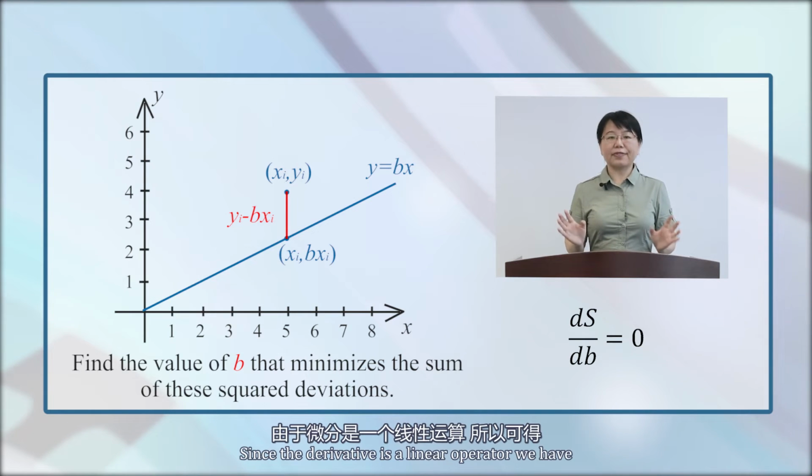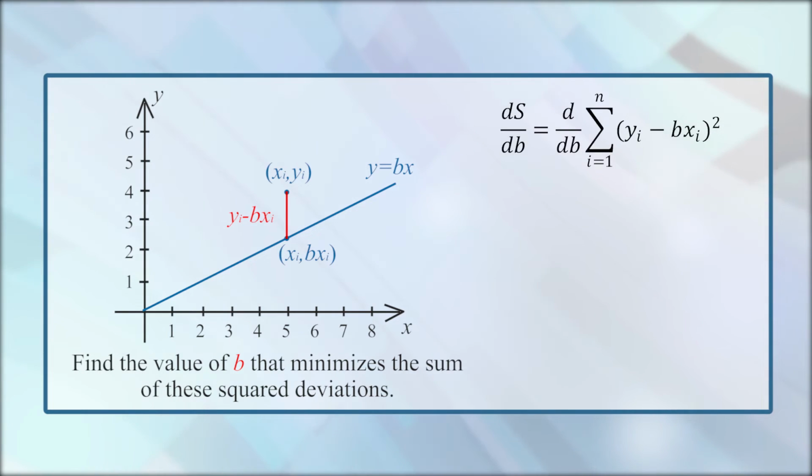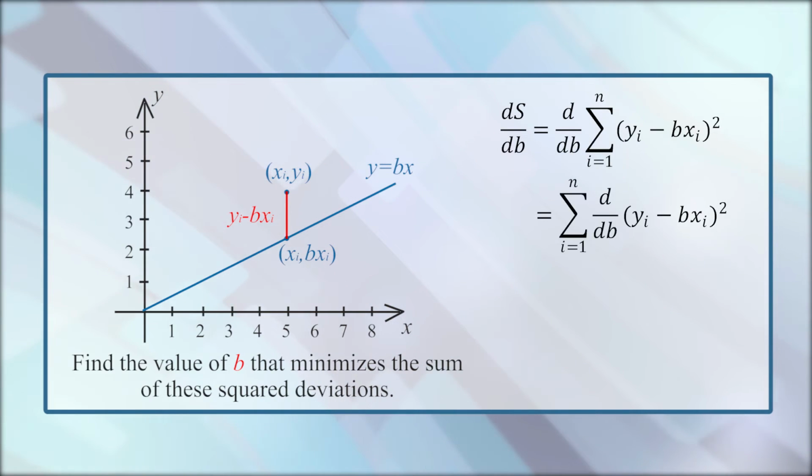Since the derivative is a linear operator, the derivative of S with respect to b is equal to the derivative of the sum of (yi minus bxi) squared. We interchange the derivative and the sum.